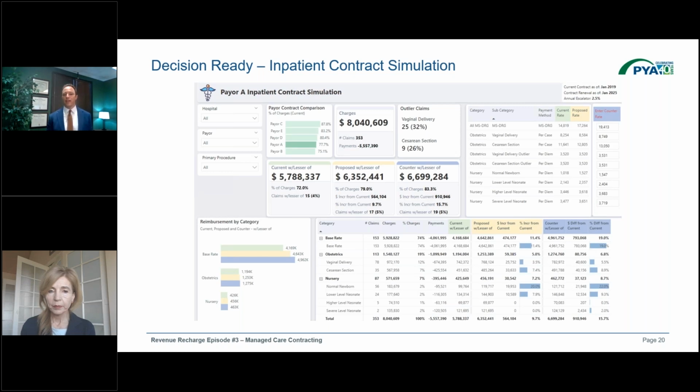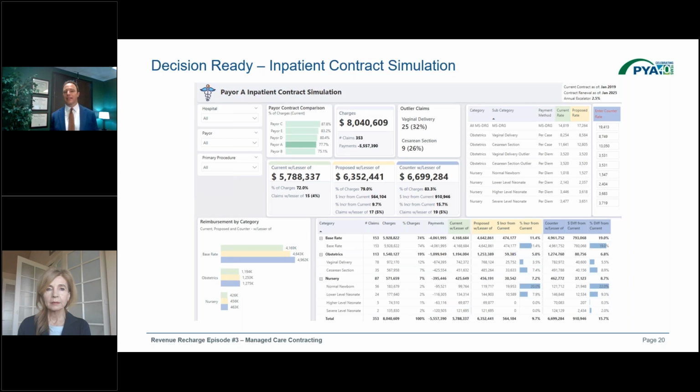To evaluate the rates that were going to be submitted in the proposal, we developed a dashboard that allowed them to work through multiple scenario iterations, looking at the base rate, obstetrics, newborn, and to come up with rates that were competitive and better aligned with their other payer agreements.